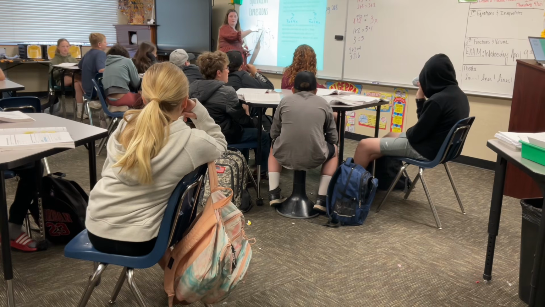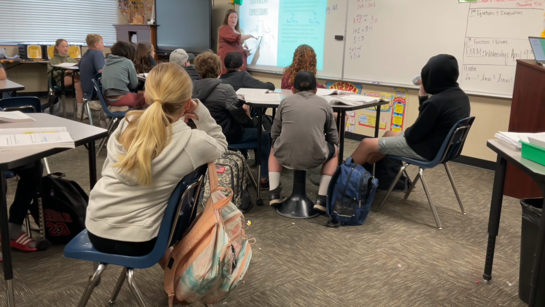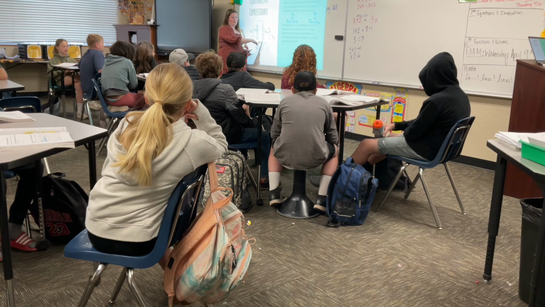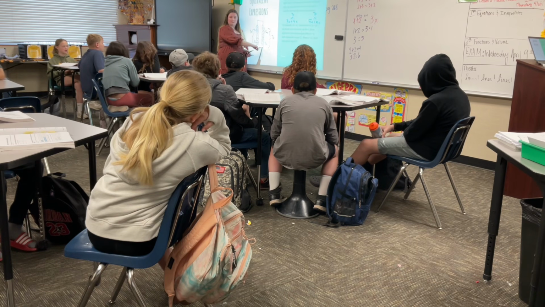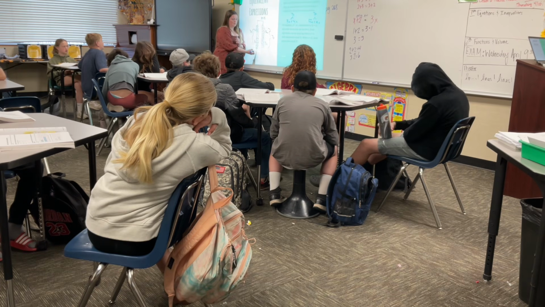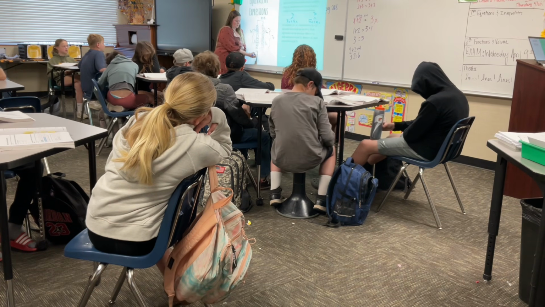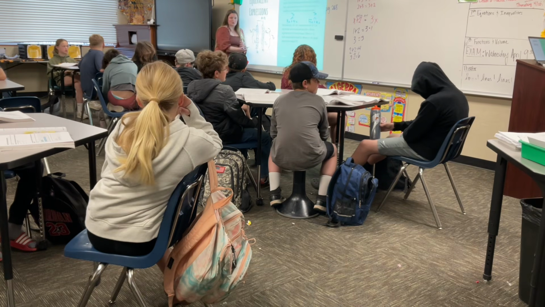This side, 3, 6, 9, 12, 15, 18, 21. So if x was equal to 3, each side would be equal to what? 21. We just counted that, okay?